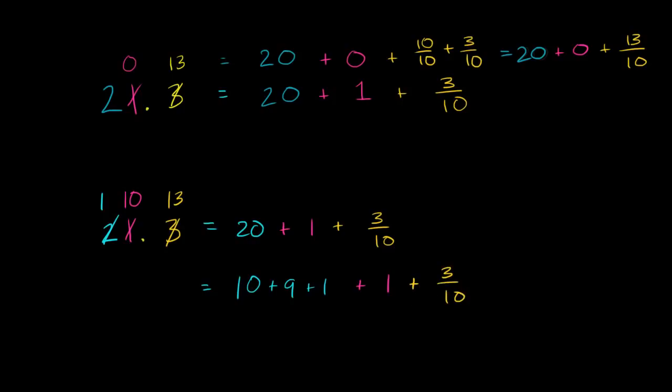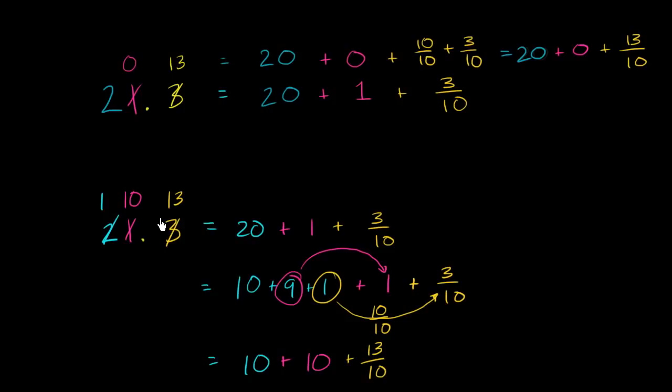And what I want to do is take this 9 that I took from the tens place and give it to the ones place. And I'm going to take this 1 that I took from the tens place and give it to the tenths place. So 1 is the same thing as 10 over 10. And so when you regroup this value, you get 10 plus 9 plus 1 is 10. And then 10 tenths plus 3 tenths is 13 tenths.